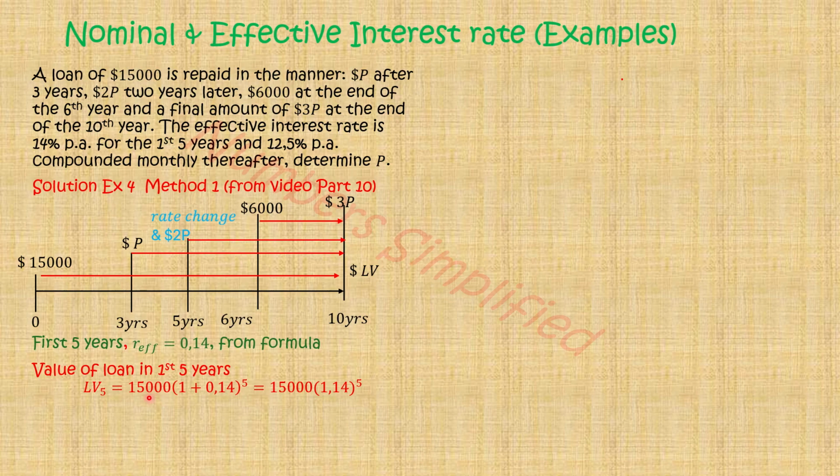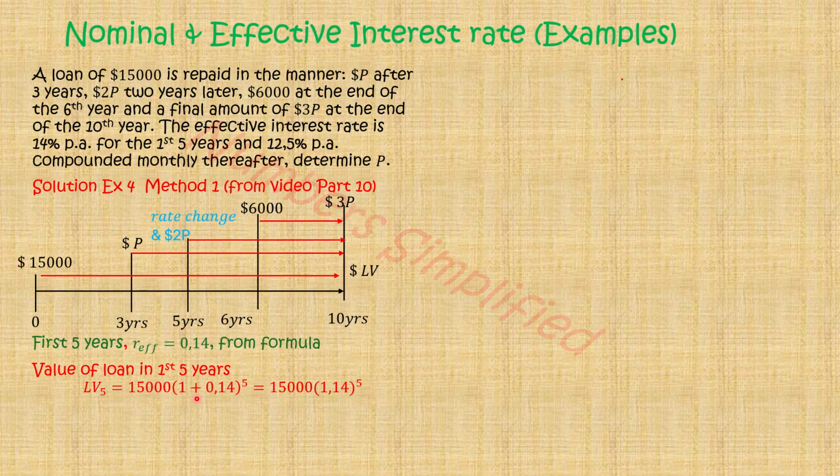So LV5 is going to be the 15,000 loan, which is like the principal amount, times 1 plus 0.14 raised to the power 5. And take note, this is the formula from the effective interest rate that we have spoken about. If you haven't checked it out, I encourage you to check it out because we covered a lot on this, and that is what we are going to be making use of.